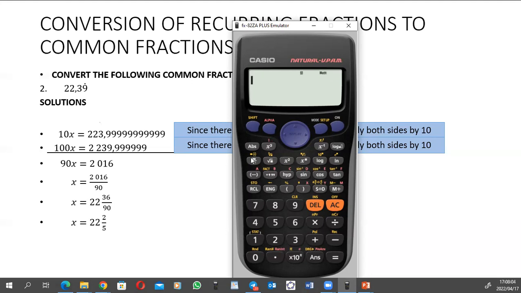So I'm going to press shift, press this, shift, that, whole number box, I'll have 22. And then I'm going to have 2. I'm going to have 5, equal, change it. I don't know what's happening here. Let me just correct it.